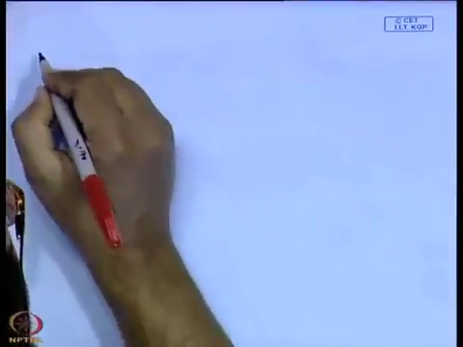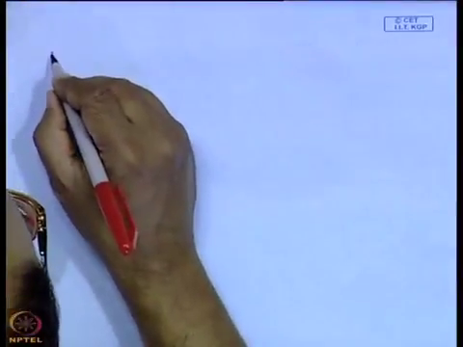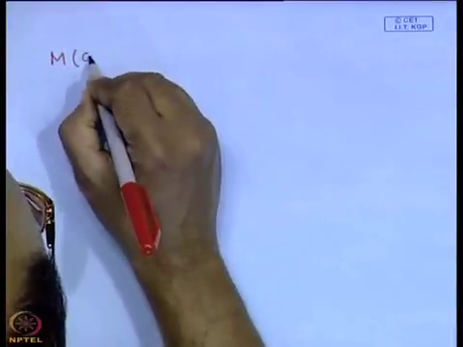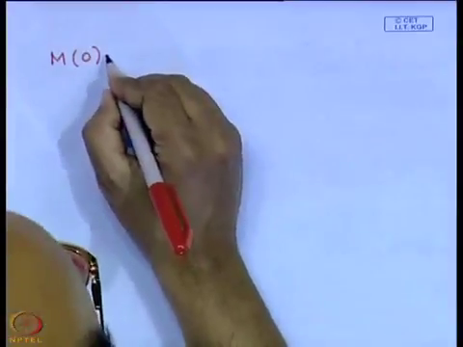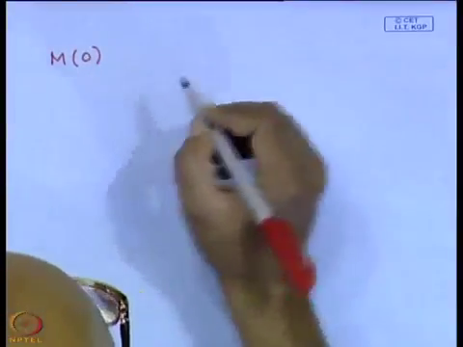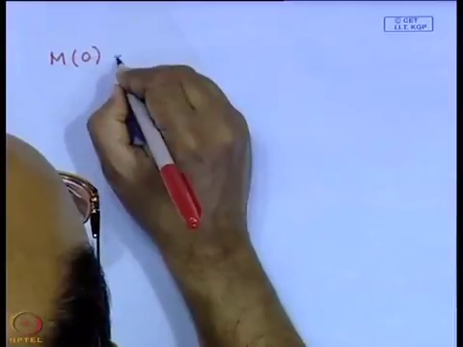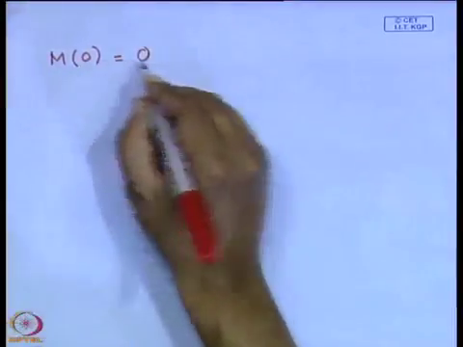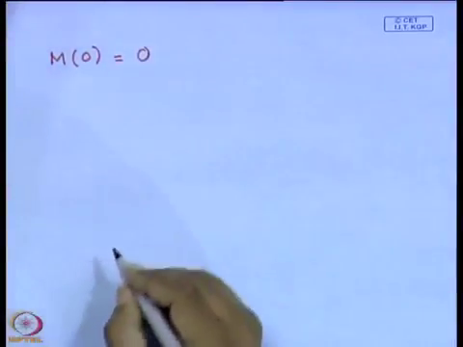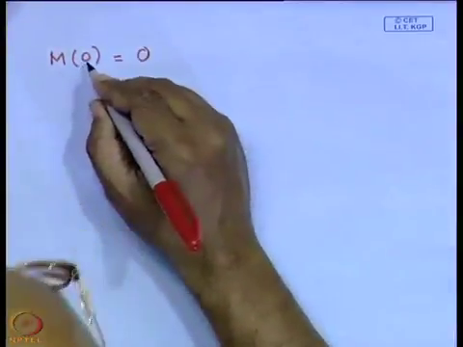First of all, at the center of the star, the mass m would be 0. At the center there would be no mass, that is obvious. The mass contained within the center is 0.